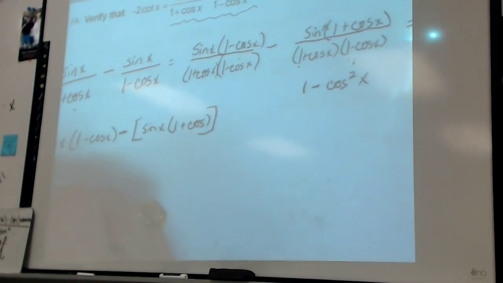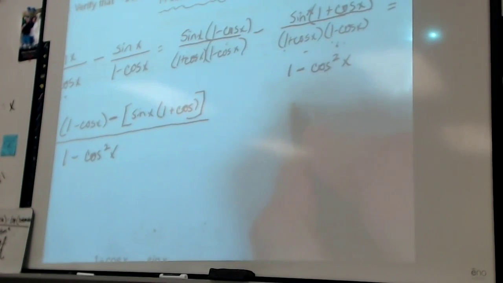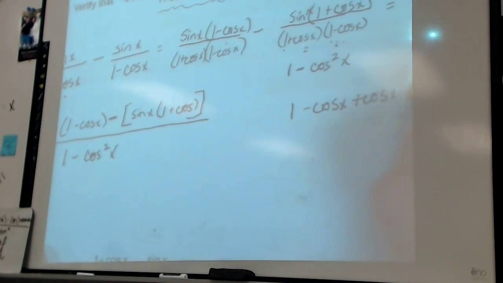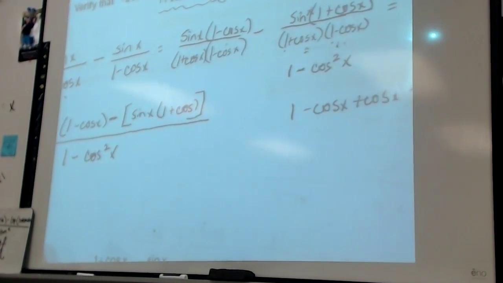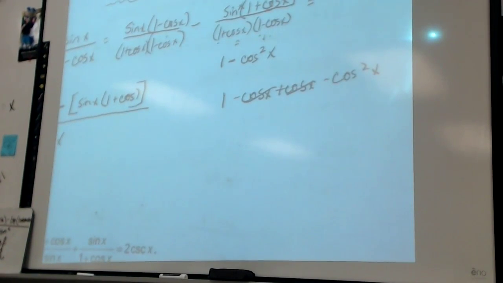So when you do FOIL, 1 times 1 is 1. Outside, 1 times negative cosine x is negative cosine x. Inside, 1 times cosine x is positive cosine x. Last terms, cosine x times negative cosine x. So these cancel out, and you're left with 1 minus cosine squared x.